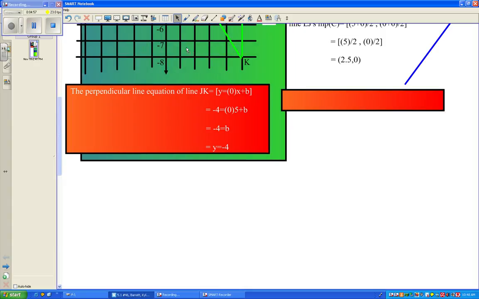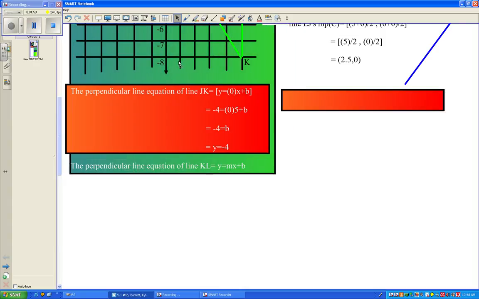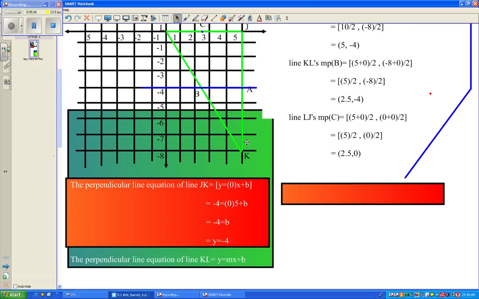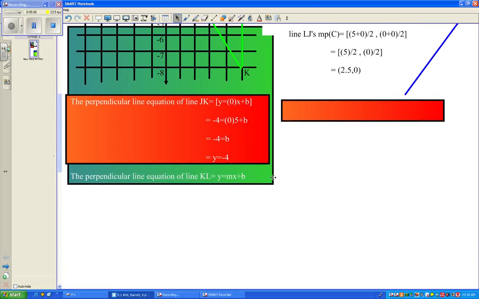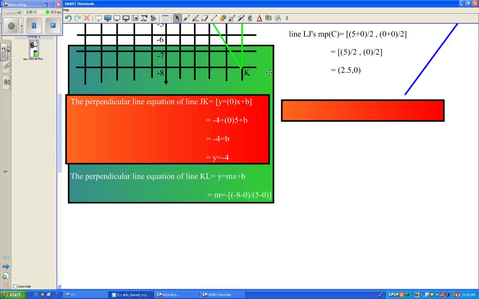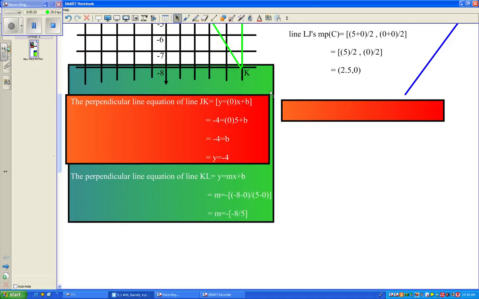So the second line, the perpendicular line equation of KL, is y equals mx plus b. And that's going to be m equals the slope, so it's negative 8 minus 0 divided by 5 minus 0, and that equals m equals negative 8 divided by 5.